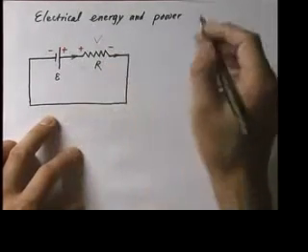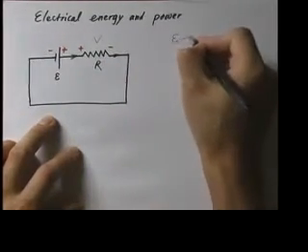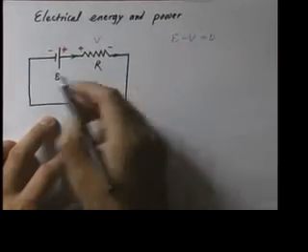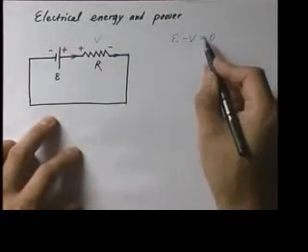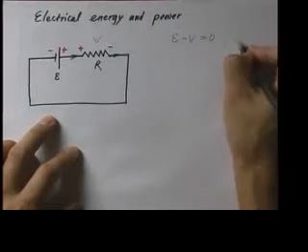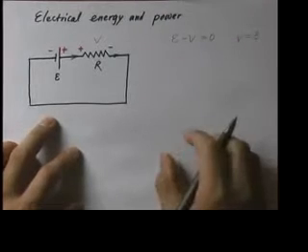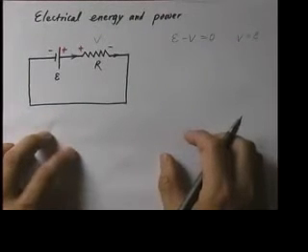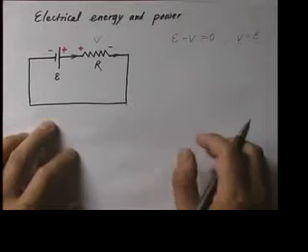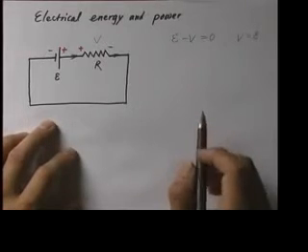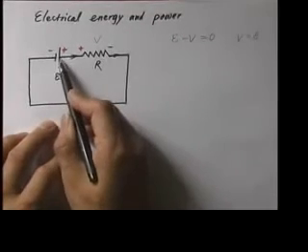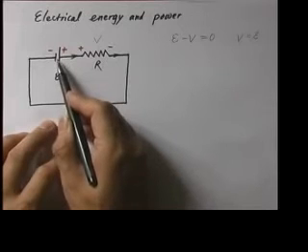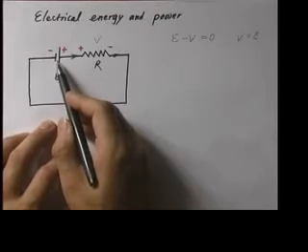Okay, so we have epsilon minus V equals 0. It goes up by epsilon, goes down by V, should add up to 0. So V equals epsilon. Okay, that's something that we keep in mind. Of course, we assume there is no internal resistance from this battery. Otherwise, it's a slightly different deal, but we're going to study that in the next chapter.